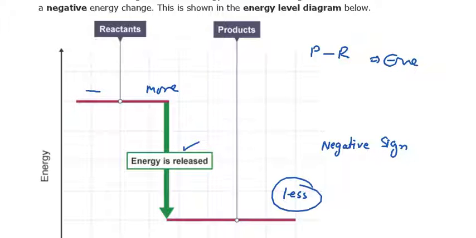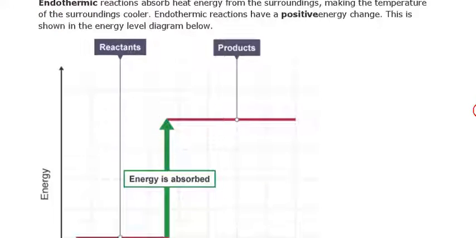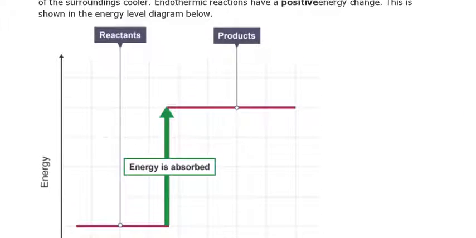The same thing for endothermic: the reactant has less energy, and it needs to absorb energy and then convert into product. Always energy is calculated as product minus reactant.